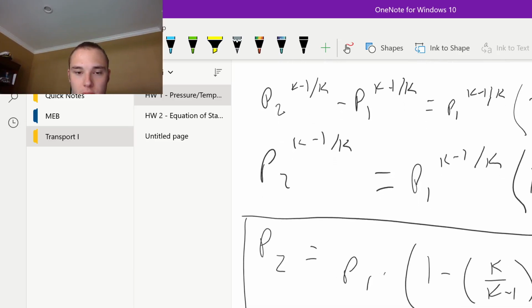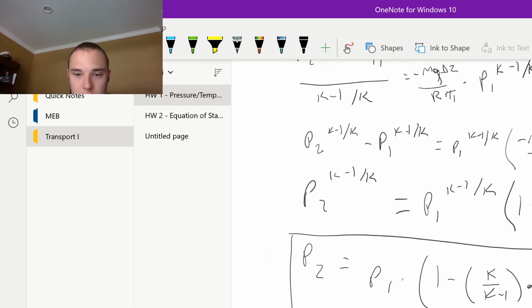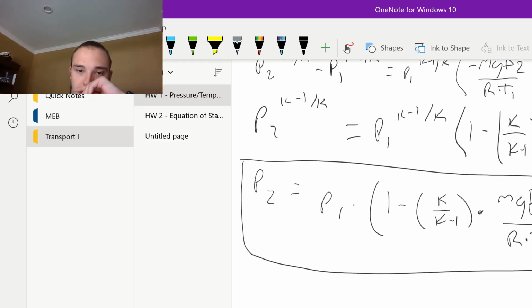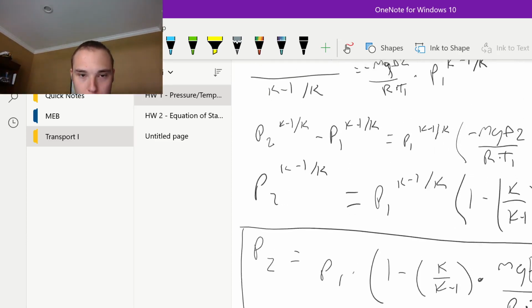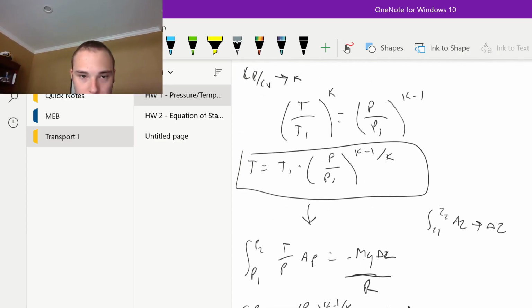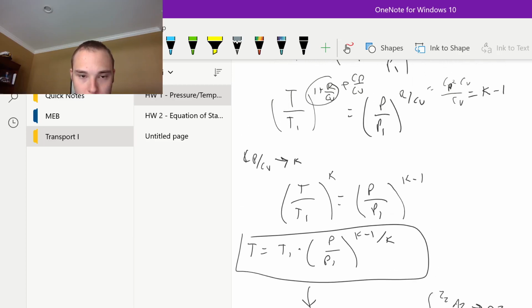The only other step we need to do next is plug this into the temperature equation and solve for that. So we can plug this pressure straight into the temperature equation we used up here.